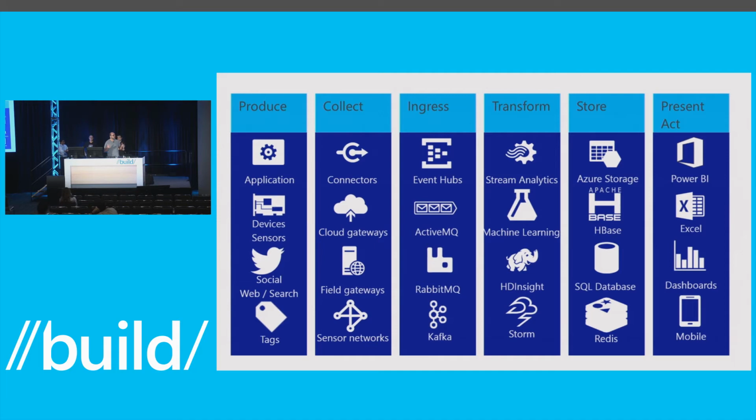Sometimes it's desirable to mix and match. You might want first-party services for data ingestion, but third-party or open source projects to do some of the transformation or processing. We're trying to build up the platform to provide as much opportunity to do that as possible, to give you the maximum flexibility.